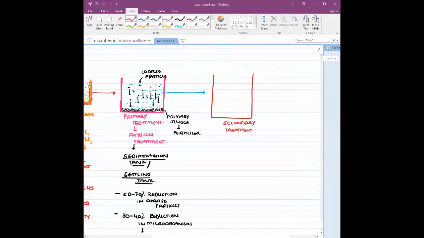Now you are going to see that all this filtered sewage from the primary treatment is now going to be sent out over here. Let me just write this down.